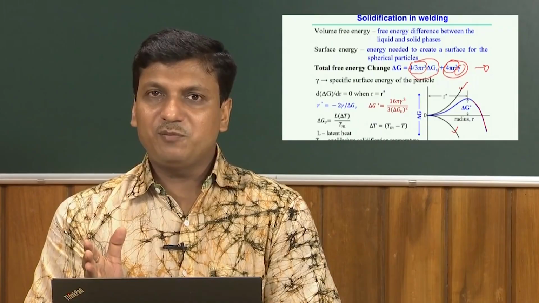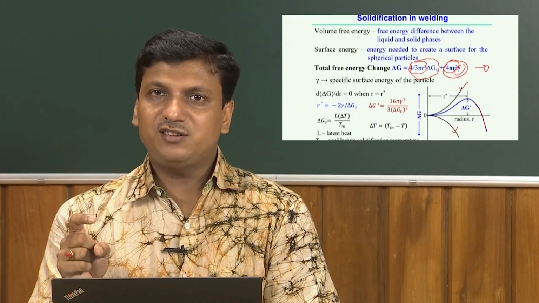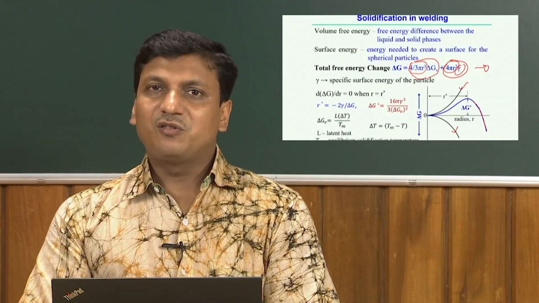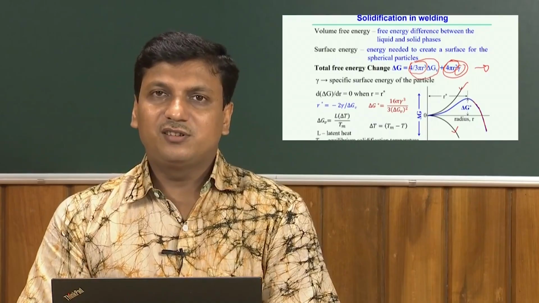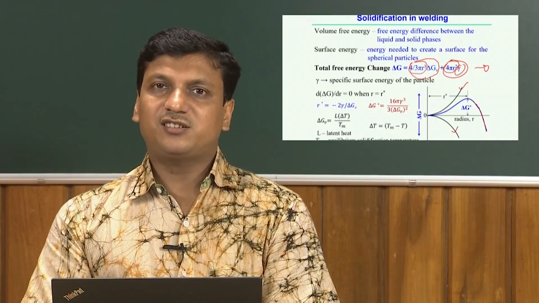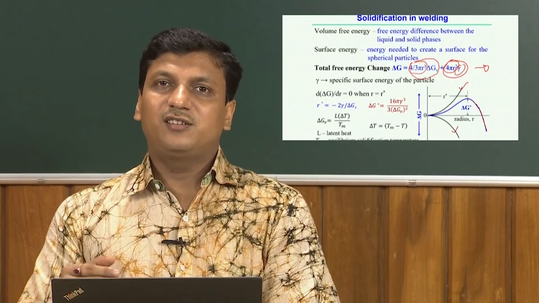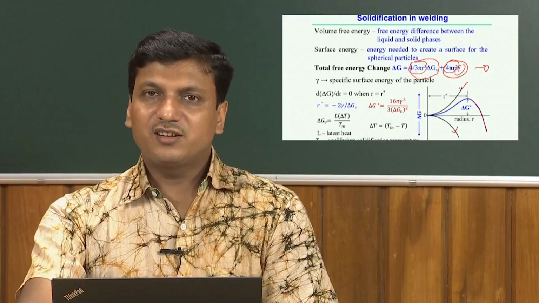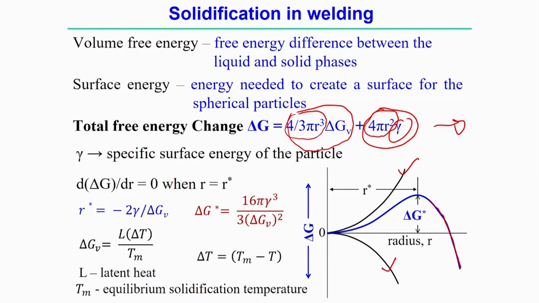So, that optimum energy level decides the size of the nucleus so that it can sustain. This critical size is estimated by setting the first derivative of the total free energy change to 0, and from this we find the size of the nucleus.